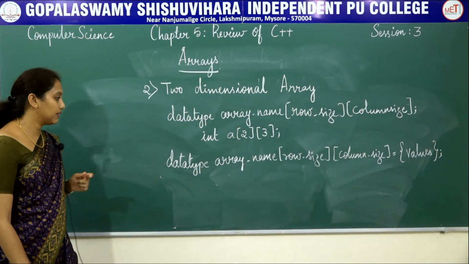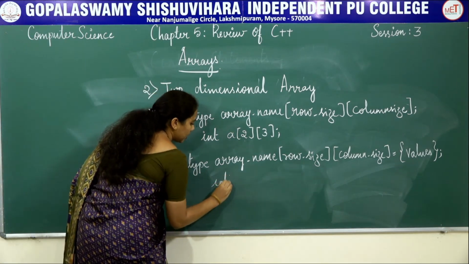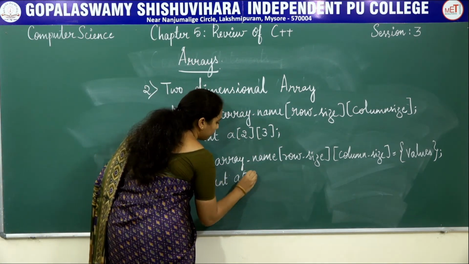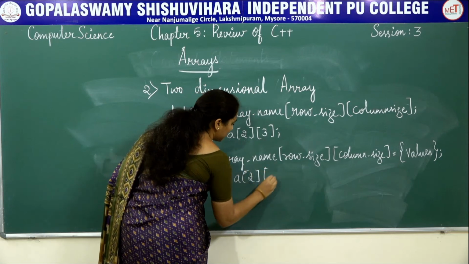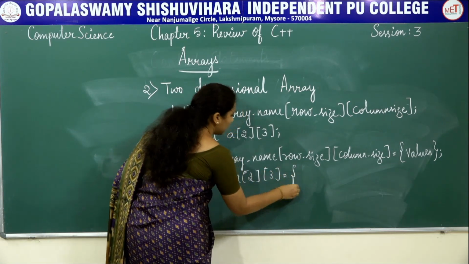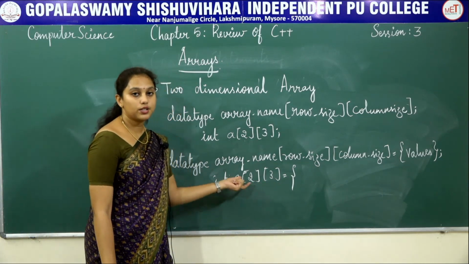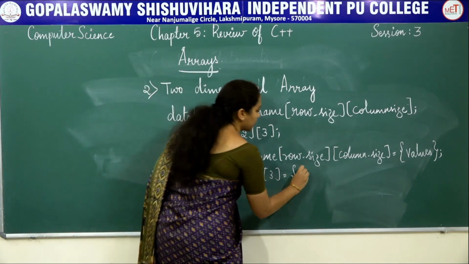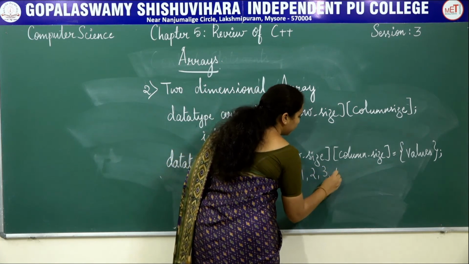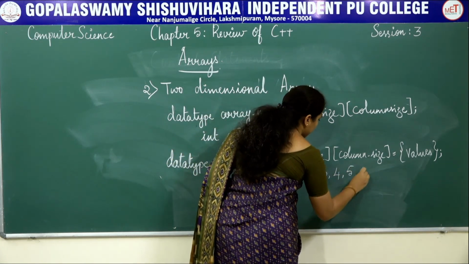An example for this is int a of 2 cross 3. How many elements can it store? 2 cross 3 means 6, so it can store 6 elements: 1, 2, 3, 4, 5 and 6.